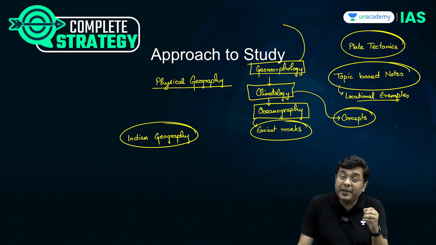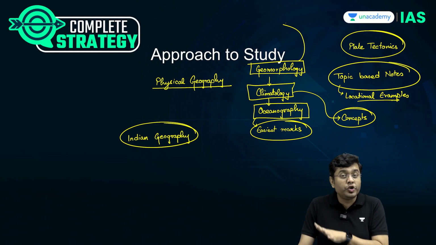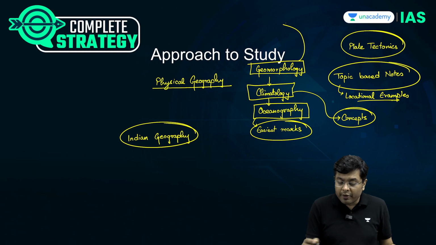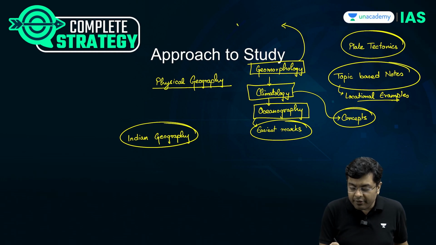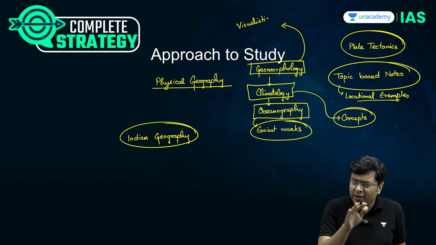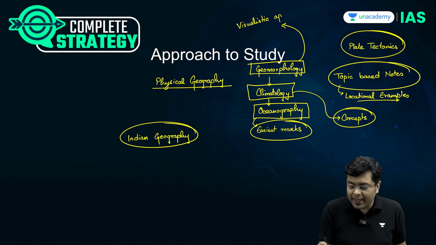That is going to be the best solution for geomorphology. So geomorphology has to be approached in a visualistic manner. This is different from the convention, but that is what is going to be a long-lasting analysis and long-lasting thing in your mind.